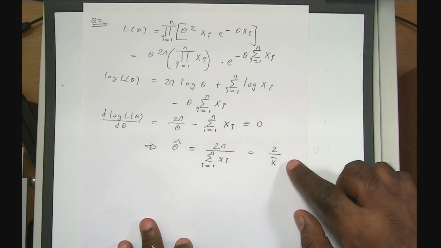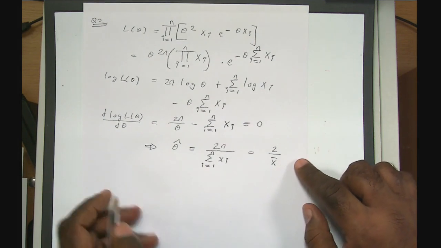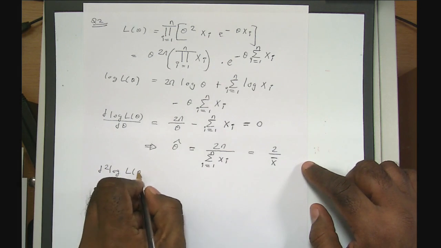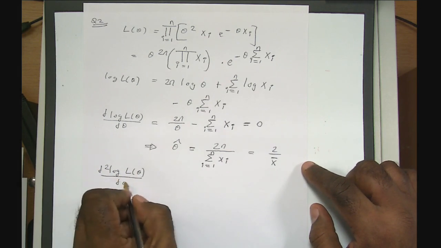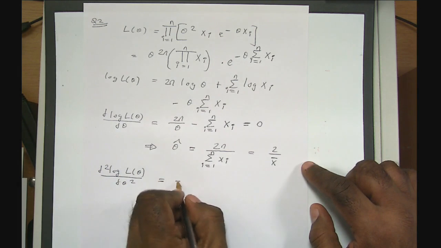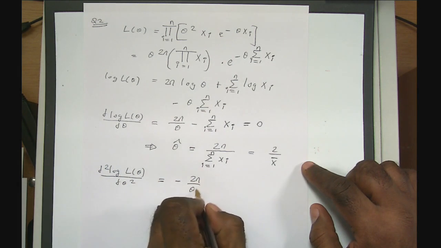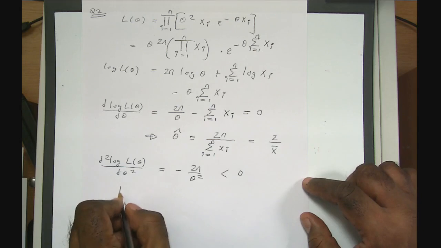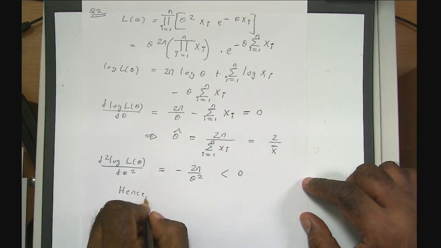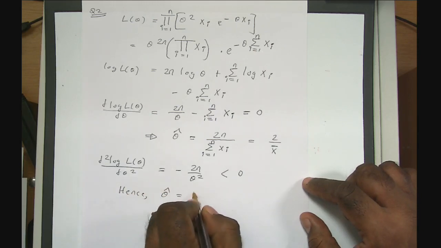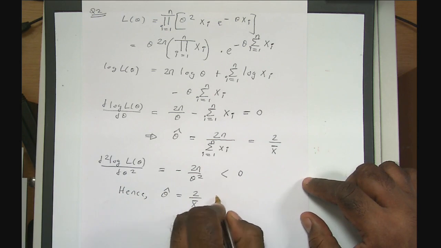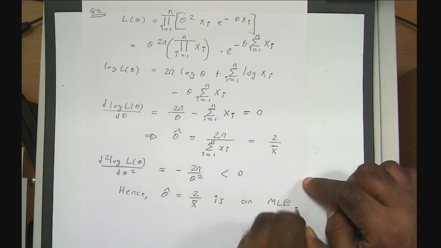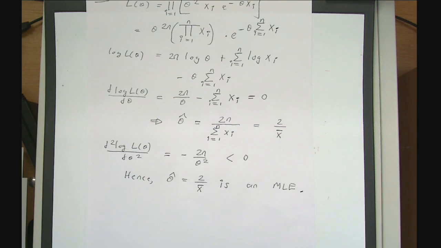Now, to show that this is indeed an MLE, you need to do the second order derivative, which is minus 2n by theta squared, which is a negative number all the time. Hence, theta hat is an MLE, right?